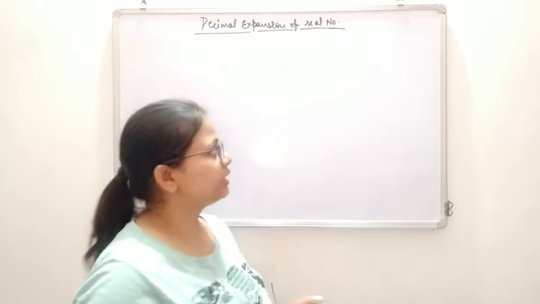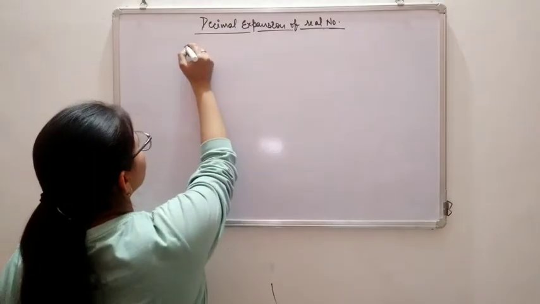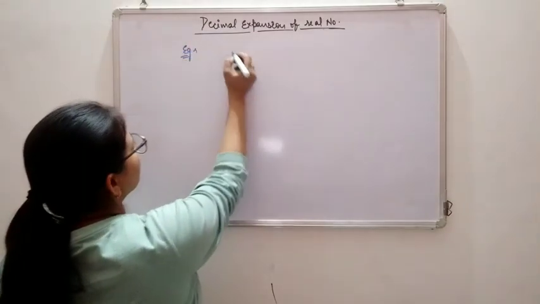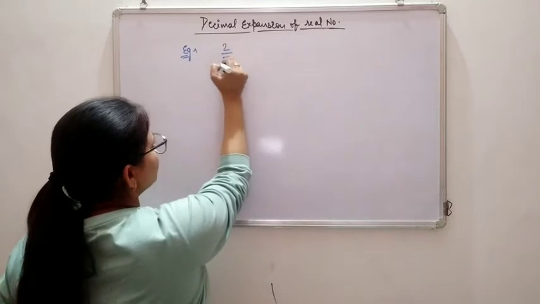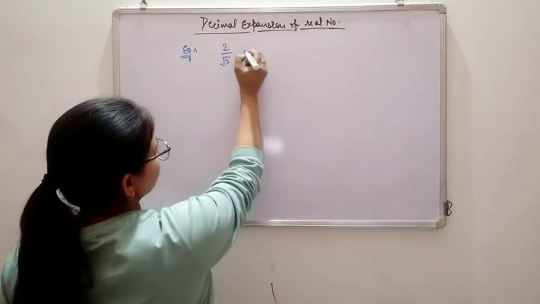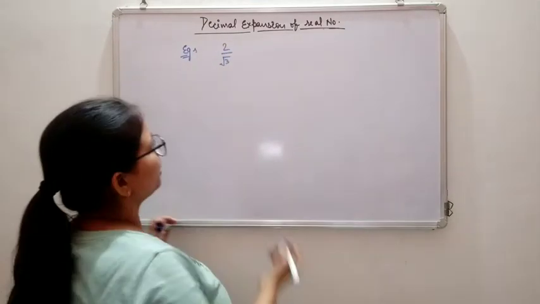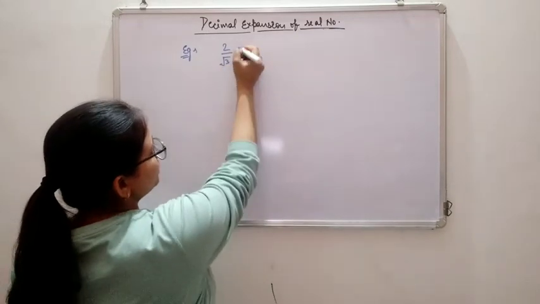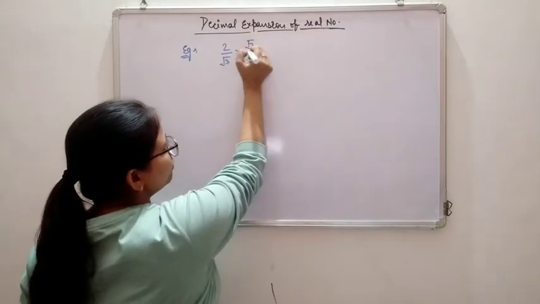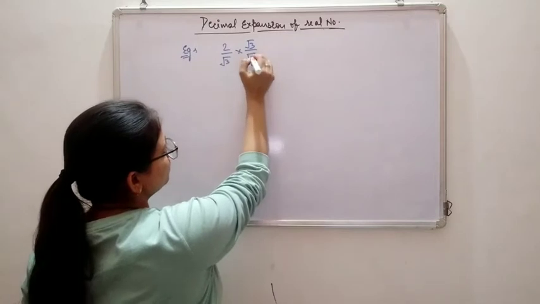Okay, so if I say there is a number like 2 upon root 3 and you need to rationalize it, right? So let's multiply with root 3 in the numerator and the denominator of the number, right?